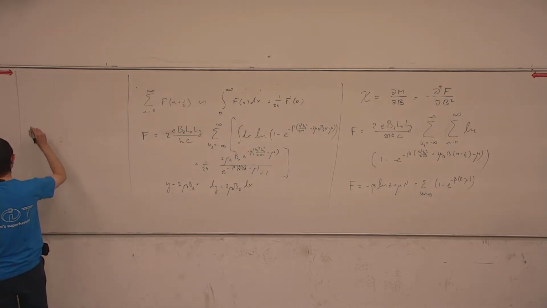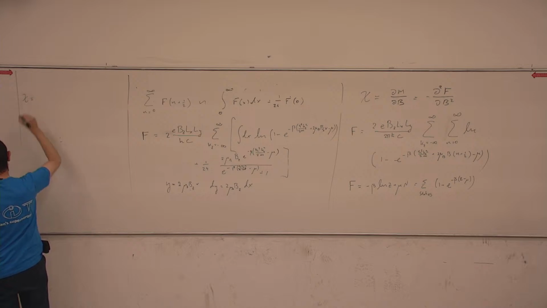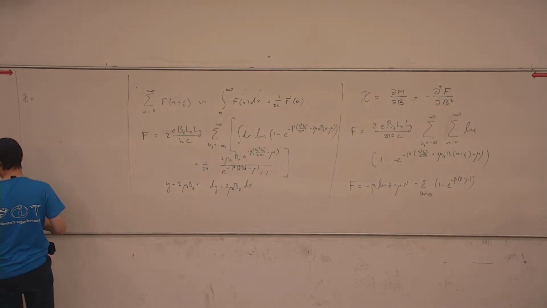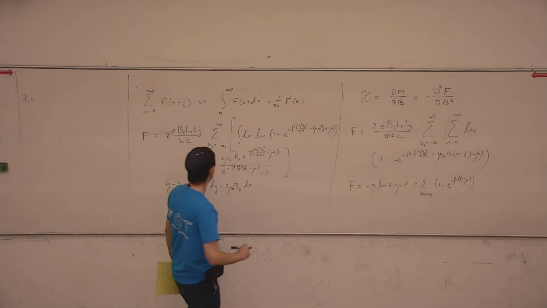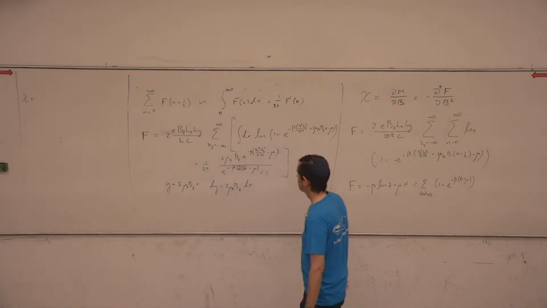So I'm writing down phi, which is equal to... Don't you have another Bz outside of the summation that multiplies everything?